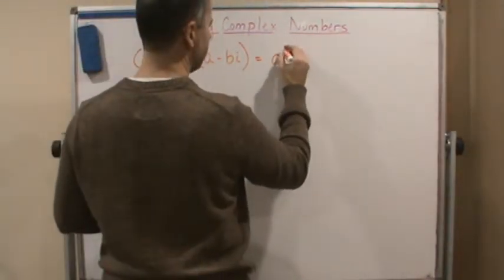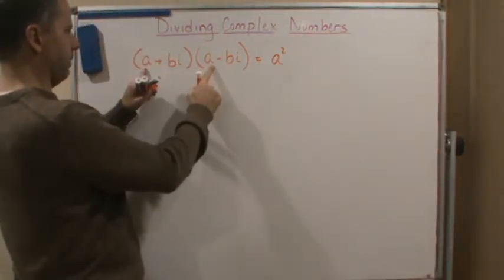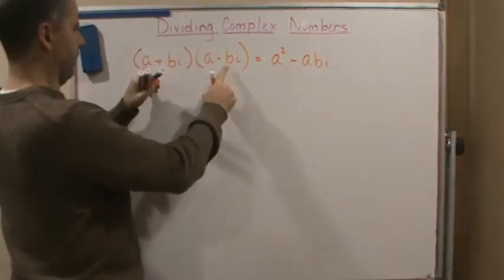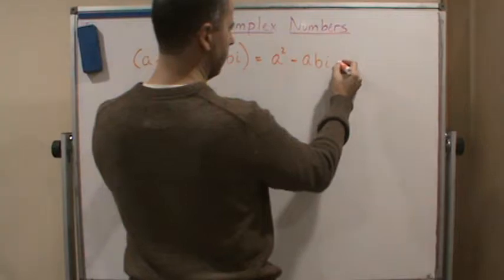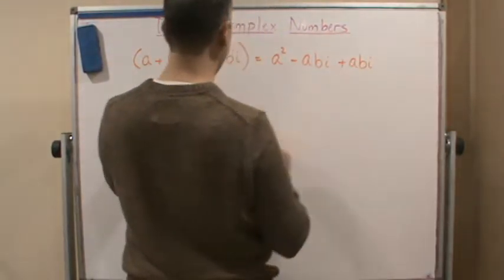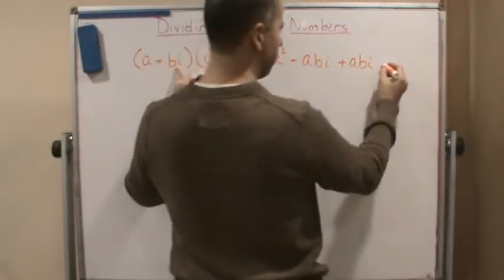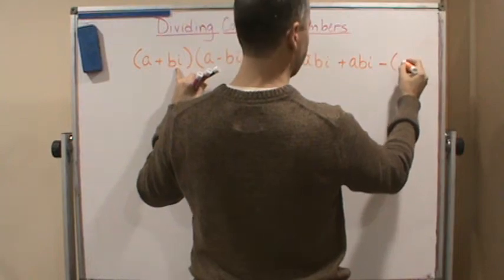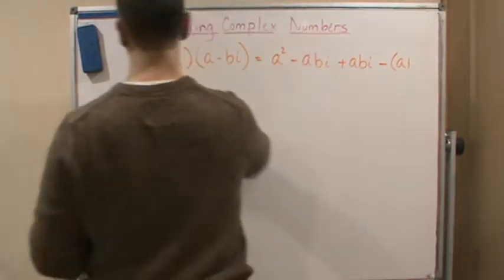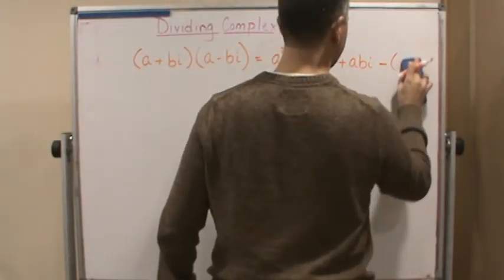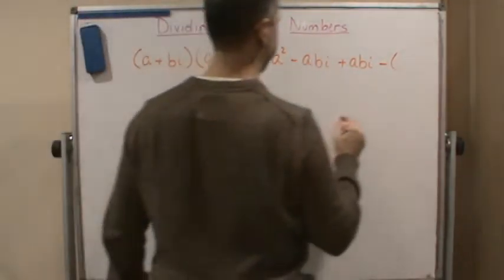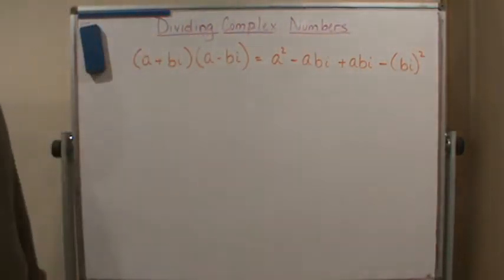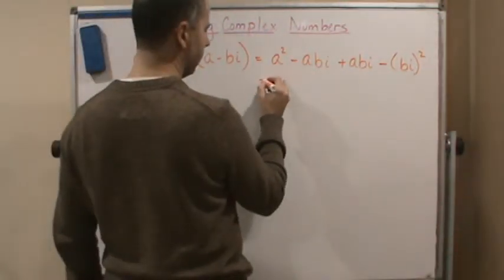In this case, I get a squared, and then I get minus abi, and then when I do the inside, I get plus abi, and then I do the last, which gives me minus, excuse me, not a, (bi) quantity squared.